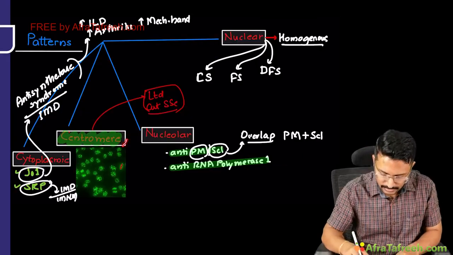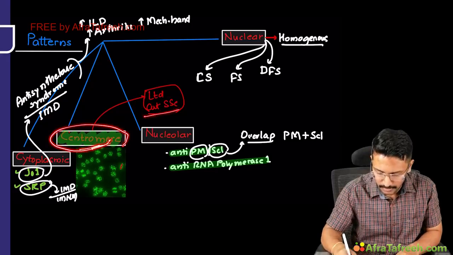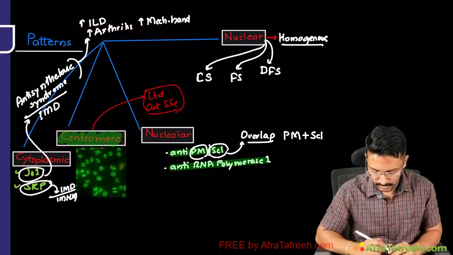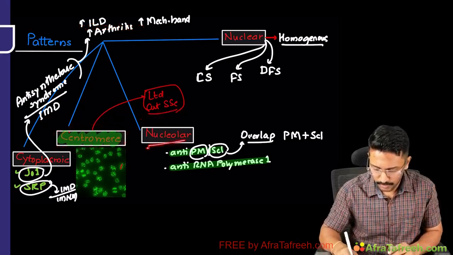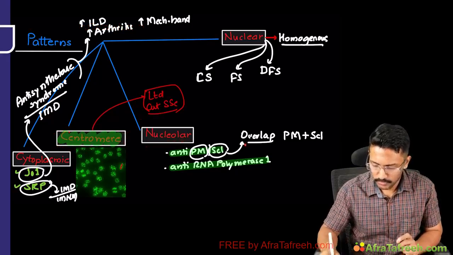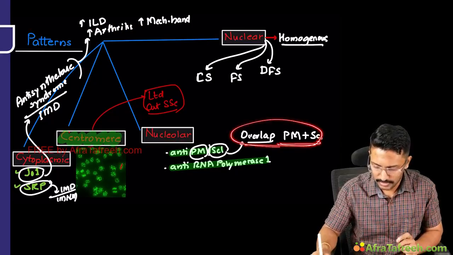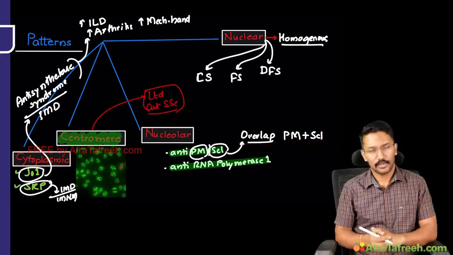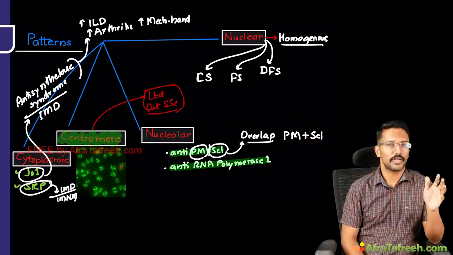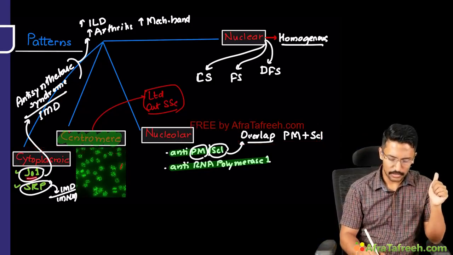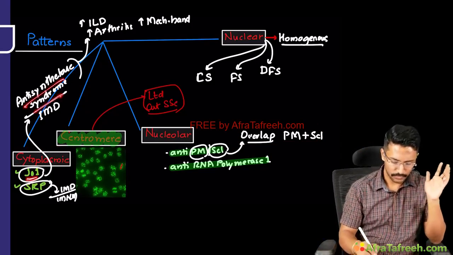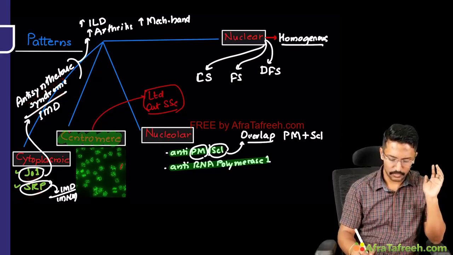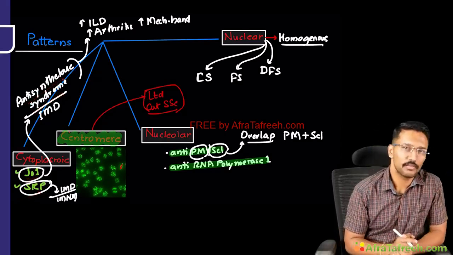If I see the anti-centromere pattern, I'll be thinking of limited cutaneous systemic sclerosis. And if I see the nucleolar pattern, one of the possibilities I can think of is overlap syndrome involving polymyositis and systemic sclerosis. If I see a cytoplasmic pattern, possibly I'll start thinking of the inflammatory muscle disease, particularly anti-Jo1 suggestive of anti-synthetase syndrome or anti-SRP suggestive of immune-mediated necrotizing myositis.